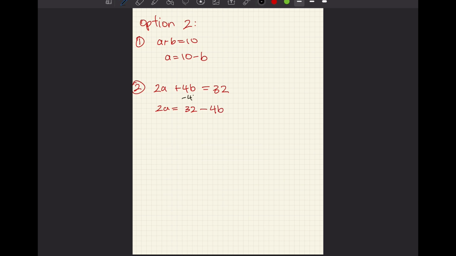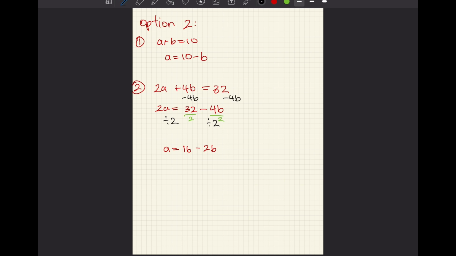So minus 4b there, minus 4b there, and then divide everything by 2 to get a equals 16 minus 2b, which is 32 divided by 2 and 4b divided by 2. Okay, great. So we're now left with a equals 16 minus 2b.